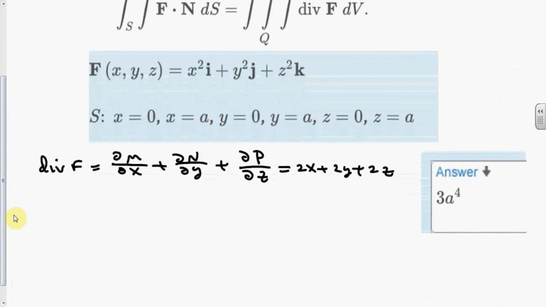Now this solid region is bounded here. x goes from 0 to a, y goes from 0 to a, and z goes from 0 to a.